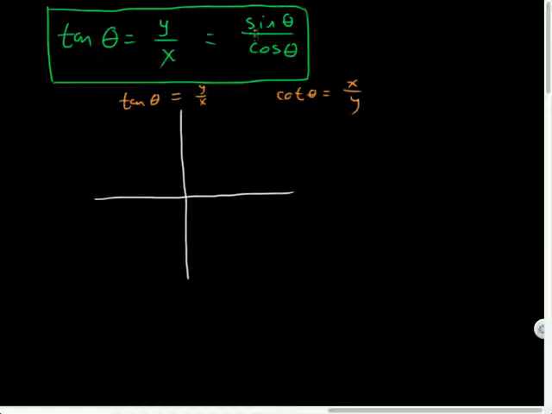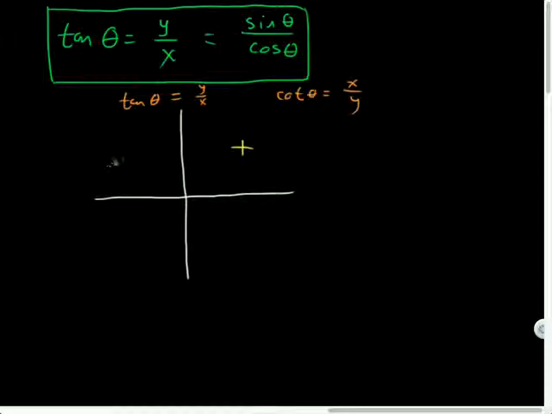All I have to do is compare the signs of sine and cosine and divide them. Let's watch this. Check this out. In quadrant 1, sine was positive and cosine was positive. What's a positive divided by a positive? Still positive. So tangent and cotangent are going to be positive in quadrant 1.